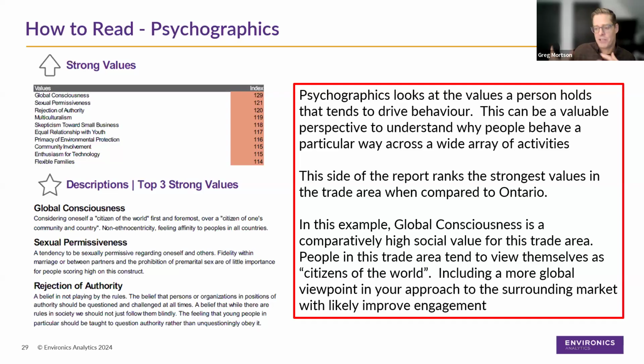Do you position your services in that broader global context? And maybe you start to draw on other cultures to influence what you provide. So again, these are things you can look at to understand what are the attitudes and beliefs of people in your trade area.